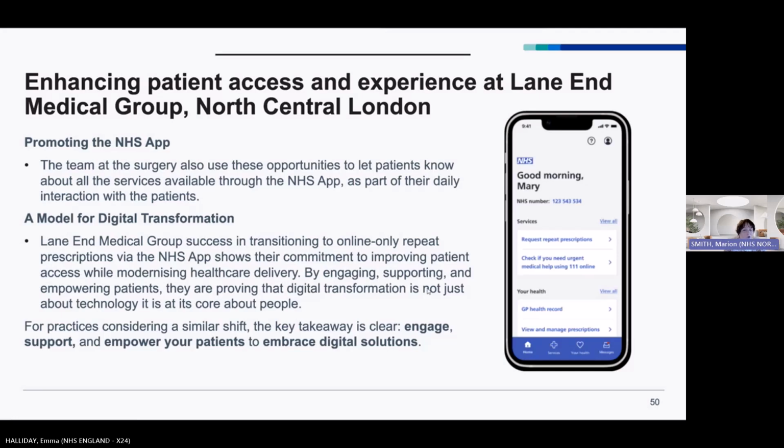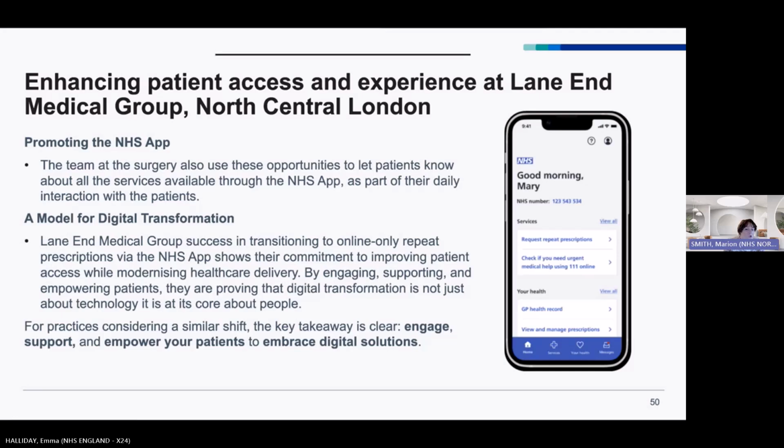And this is really a model for digital transformation, because their success in transitioning to online only repeat prescriptions does show their commitment to improving patient access, and they're also modernizing healthcare delivery. So they're engaging and supporting and empowering patients to do this.